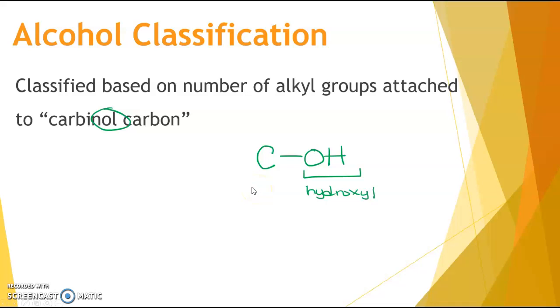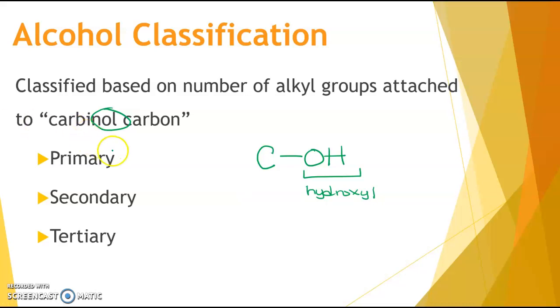The different classification systems that we're going to see classify alcohols as either primary, secondary, or tertiary based on what else this carbon is attached to. Not based on what the hydroxyl group is attached to, but based on what this special carbonyl carbon is attached to.